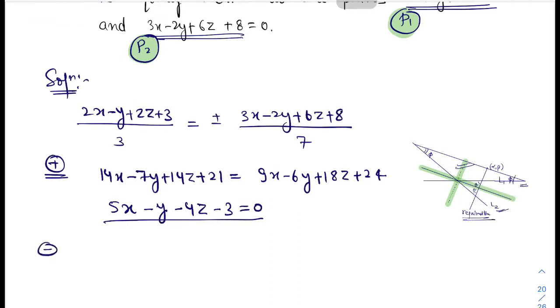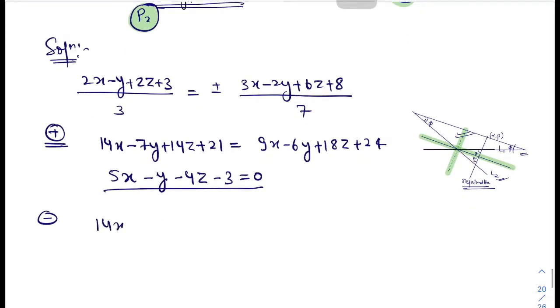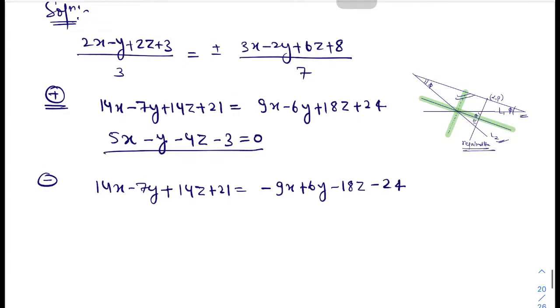And if we consider the negative sign, we will get 14x minus 7y plus 14z plus 21 equal to minus 9x plus 6y minus 18z and minus 24. So this comes out to be 23x minus 13y plus 32z plus 45 is equal to 0.